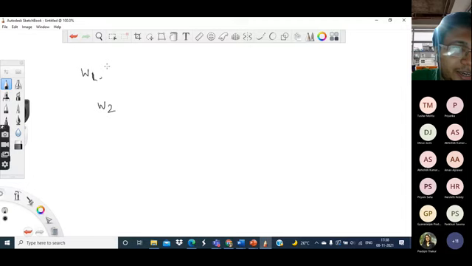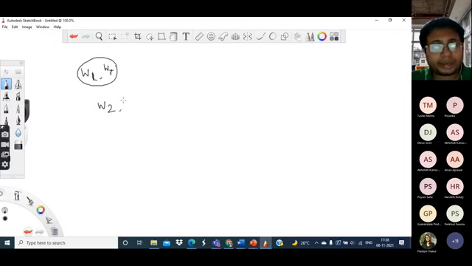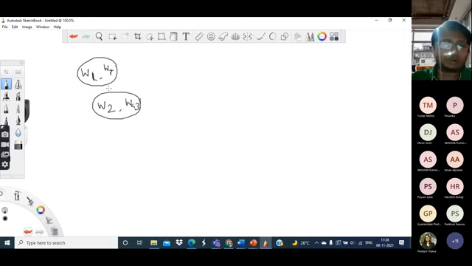Let us say W1 and W7 are synonyms. They have the same meaning. Similarly, let us say W2 and W43 have the same meaning. So I club them together as one node. Each of these nodes is what WordNet calls a synset. Now, of course, not all words will have synonyms.